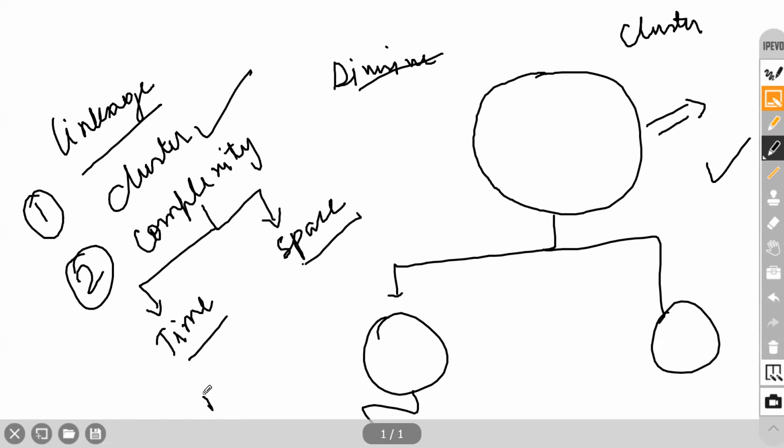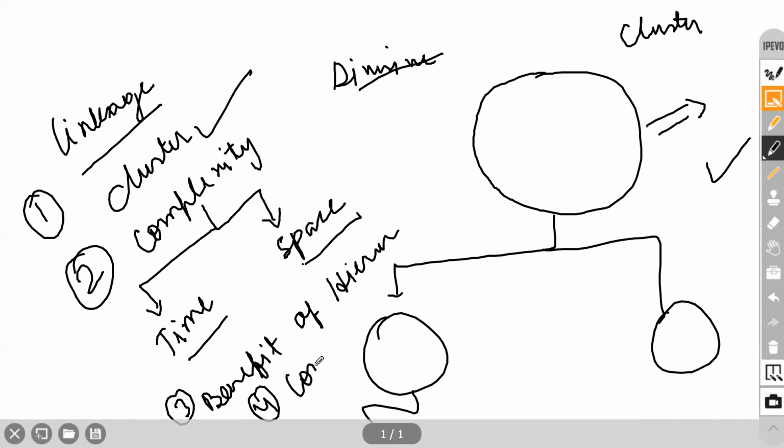Then we will see what the benefit of hierarchical clustering is. The fourth point is the comparison between k-means and hierarchical clustering. This we will be seeing.